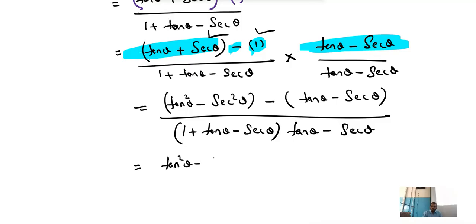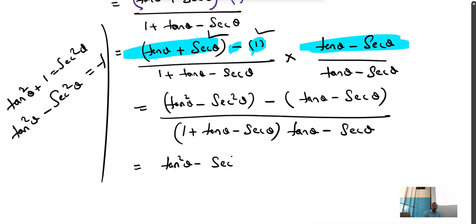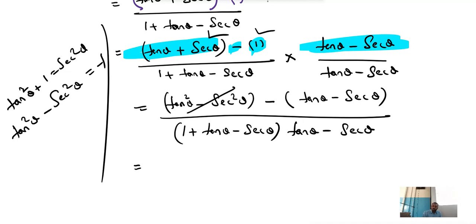Tan square theta minus secant square theta. We have an identity: we know that tan square theta plus 1 is equal to secant square theta. Then tan square theta minus secant square theta is equal to minus 1. So shall we put directly minus 1 here? Yes, sir. So this entire value is minus 1.